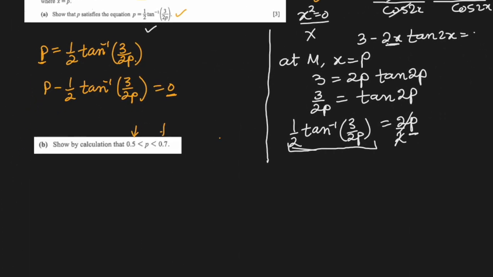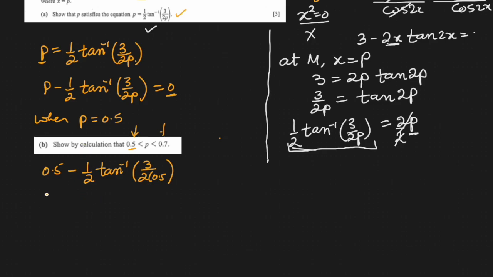So I will substitute first when p is equal to 0.5, this first limit. So it will be 0.5, this p I substituted by 0.5, minus half tan inverse 3 over 2 times 0.5.